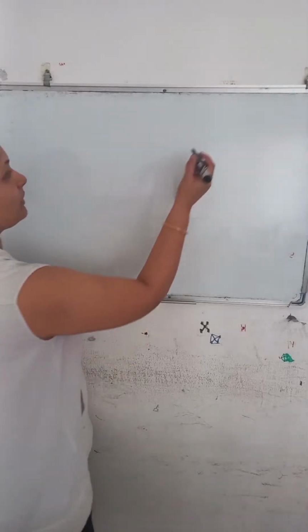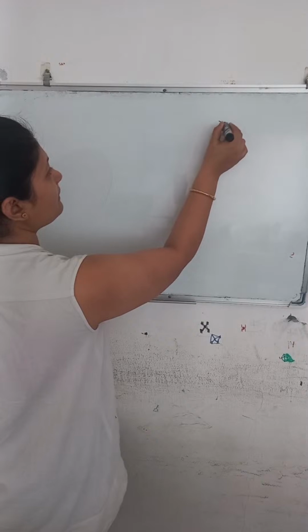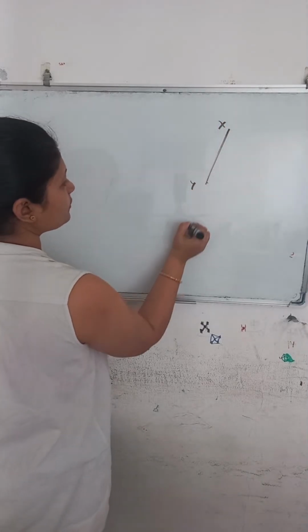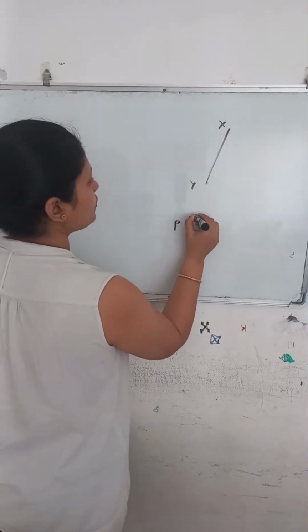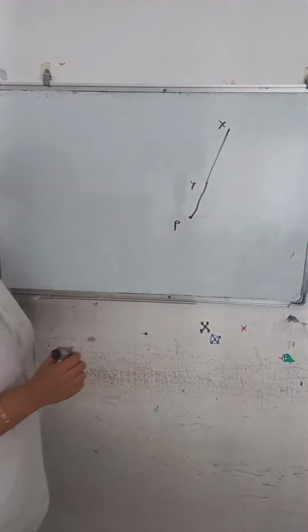Okay, so I will try to draw the diagram. They are saying XYZ is 64 and XY is produced to the point P. So suppose we have here X and Y. This is produced to the point P. So join this point P to the Y. Draw the figure for the given information if the ray YQ bisects angle ZYP.